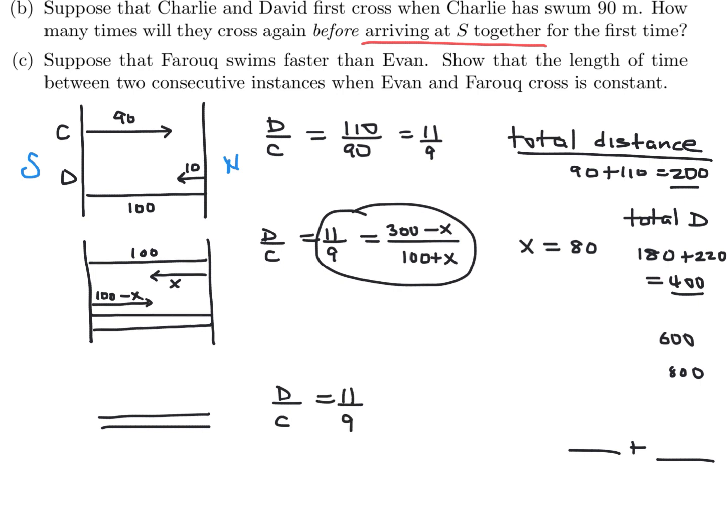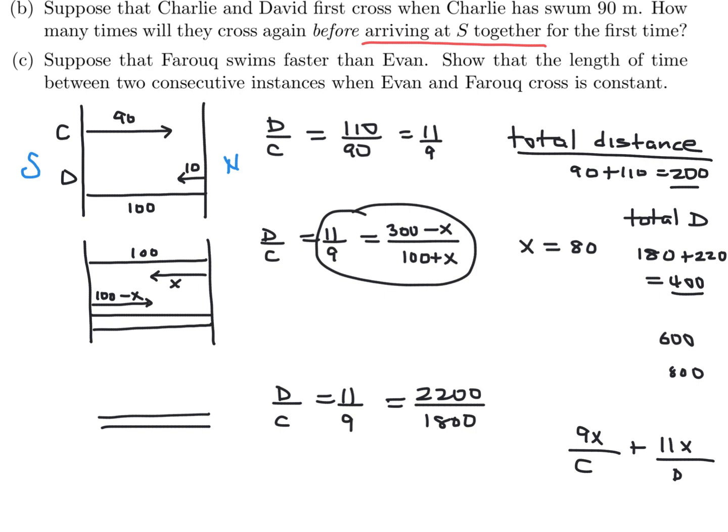So whatever this is, let's say this one is representing David, this one's representing C, which is Charlie. Then this would be 11x, and this would be 9x. Because it can't be 1100 over 900, because 1100 and 900 are not multiples of 200, but it could be 2200 and 1800, where x is equal to 200.